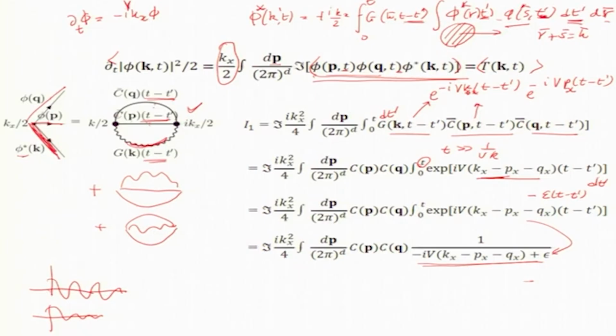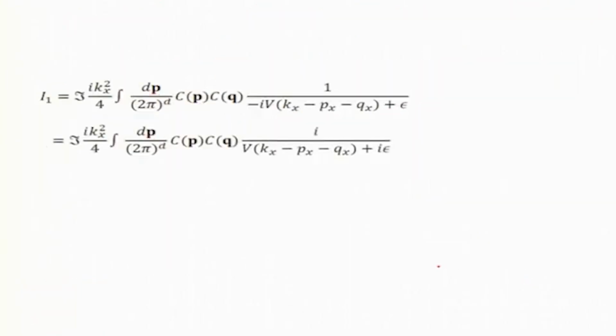Now, what is this? You may recall we did this in the complex variable lectures. I have this part in the next slide. So, I rewrite it, I multiply by i on top. Minus i times i will become 1.